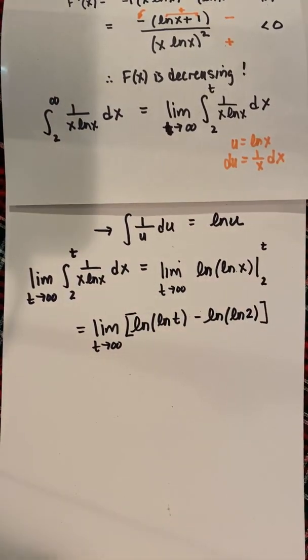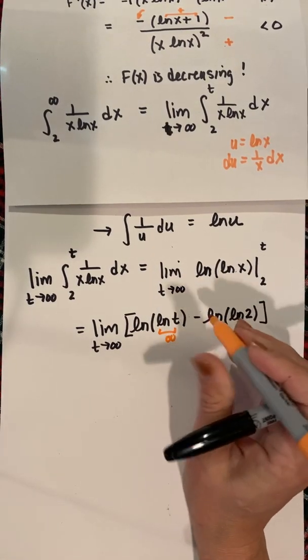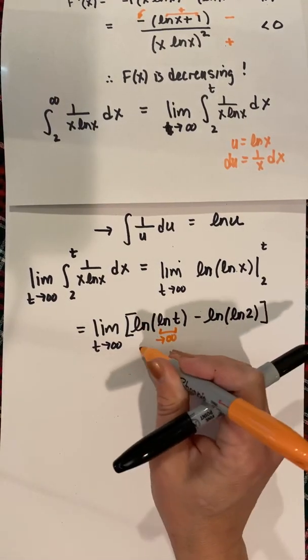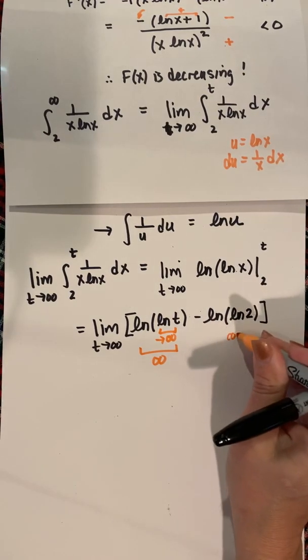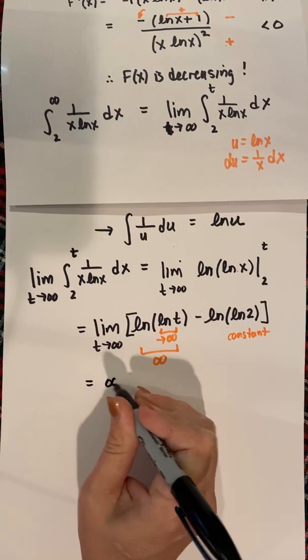All right, now here again what gets a little tricky. The natural log of t goes to infinity as t goes to infinity. The natural log of something getting bigger and bigger goes to infinity, and the other term is just a constant. So infinity minus a constant is still infinite.